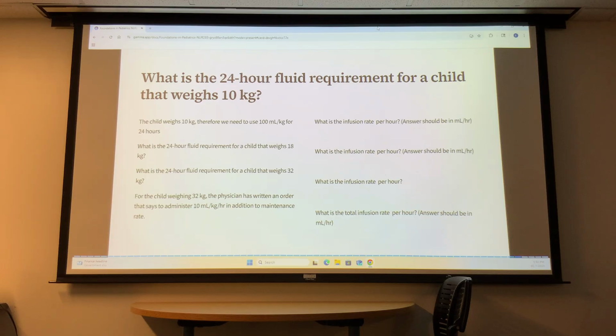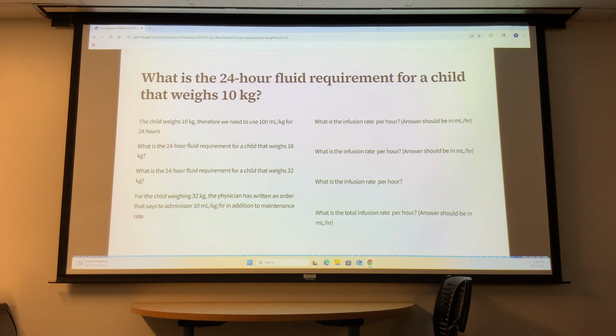So we got that, and then we've got 12 kilos left over. So 12 times your 20 is 240. Okay. So then you have 1,740 mLs in 24 hours.